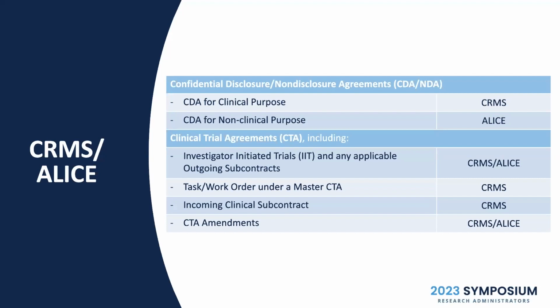Task orders under master clinical trial agreements and any incoming clinical subcontracts would both go through CRMS. And then any CTA amendments that might be needed off of active clinical trial agreements can be started either in CRMS or Alice.